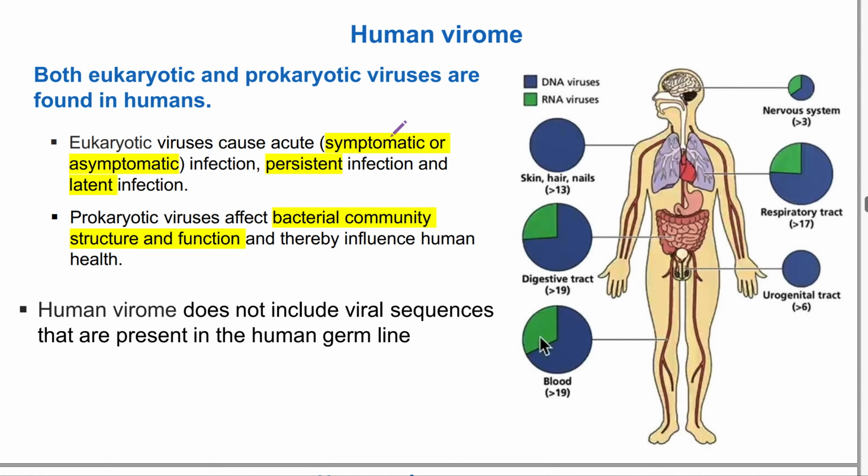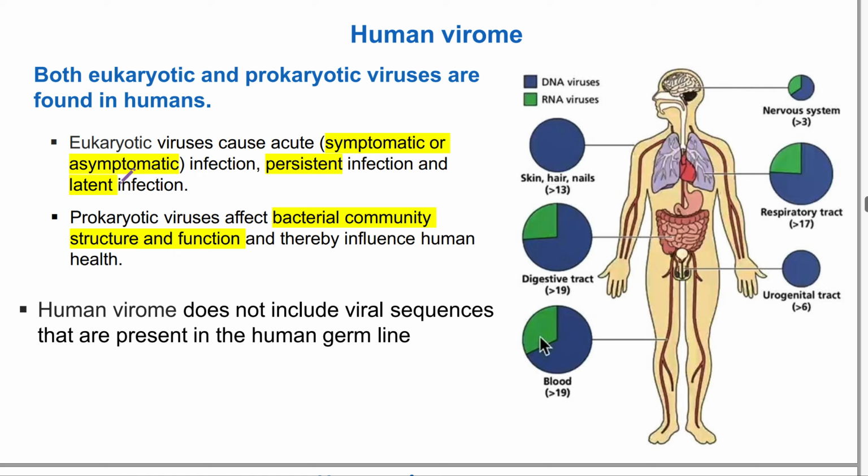And the human virome. Both eukaryotic and prokaryotic viruses are found in humans. Eukaryotic viruses cause acute, symptomatic or asymptomatic infections, persistent infections, and latent infections. Acute infection might be symptomatic or asymptomatic, and persistent infection means the host will be frequently infected with that virus.